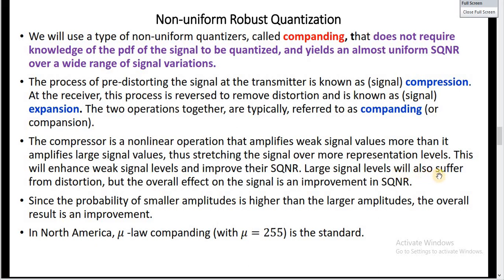Large signal levels will also suffer from distortion, but the overall effect on the signal is an improvement in signal to quantization noise ratio. Since the probability of smaller amplitudes is higher than the larger amplitudes, the overall result is an improvement. In North America, the mu law companding uses a constant mu equal to 255.